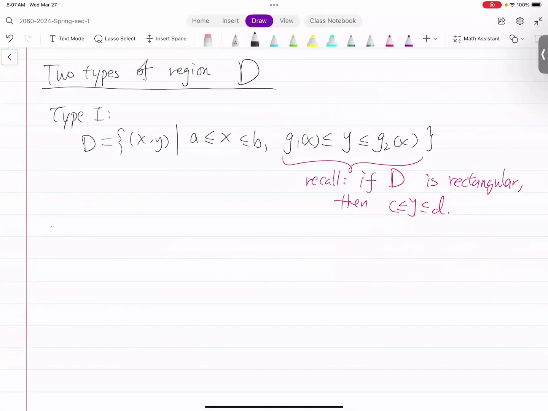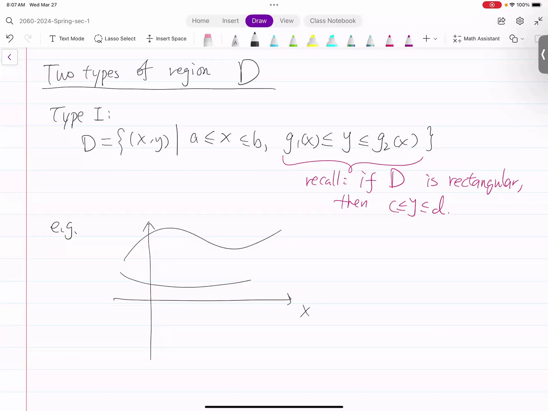For example, we just need to establish, in general, two curves, g1 and g2, in terms of x. It could be the upper bounding function and lower bounding function like these two. So y equals g2 is the upper bound, y equals g1 is the lower bound, and here x is between a and b.